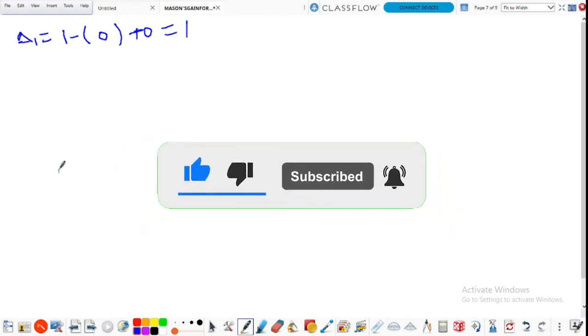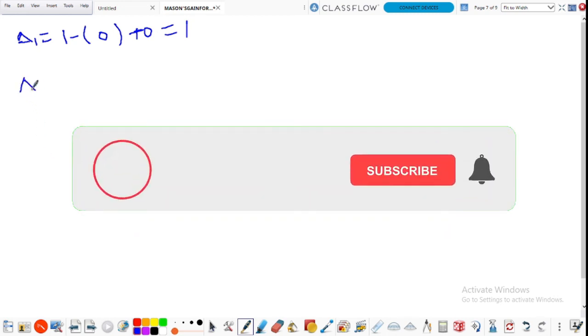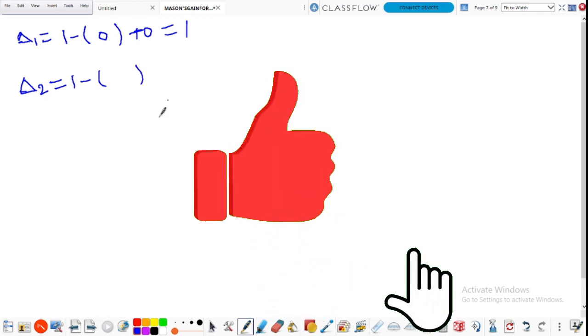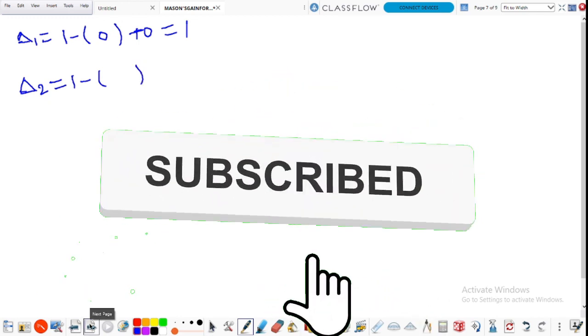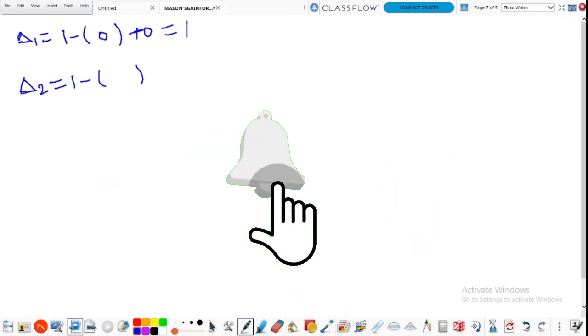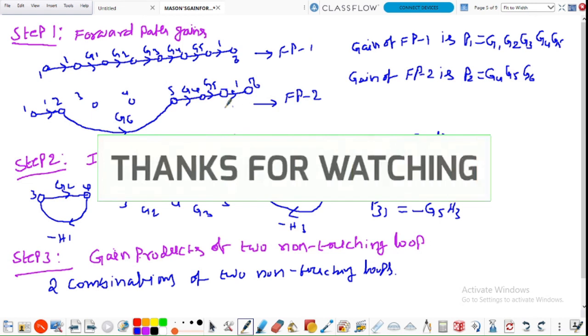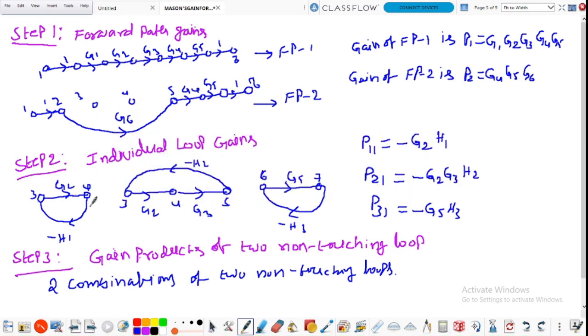Next calculate delta 2. So delta 2 is equal to 1 minus the sum of individual loop gains. So what is that? k is equal to 2, that means the second forward path. Here what is the second forward path? This is the second forward path. In this second forward path, this loop 3 to 4 is non-touching.